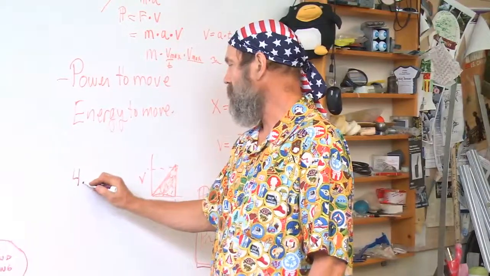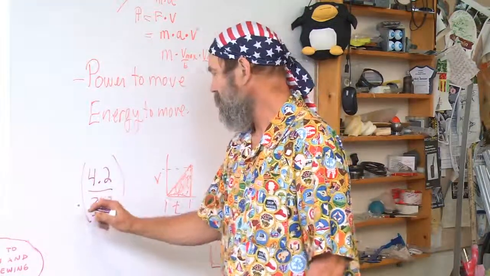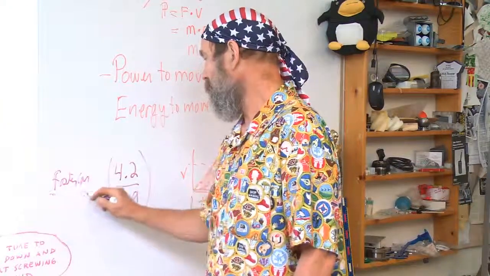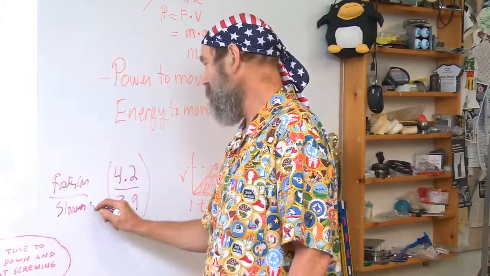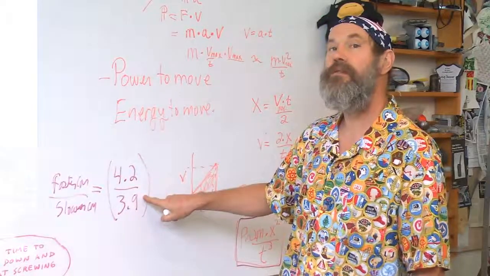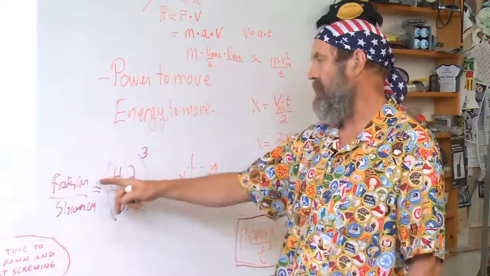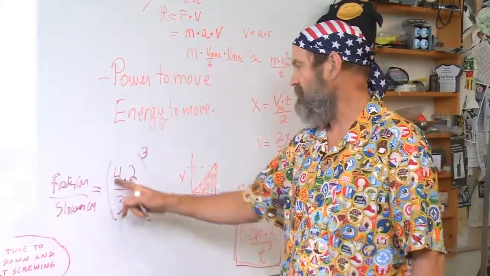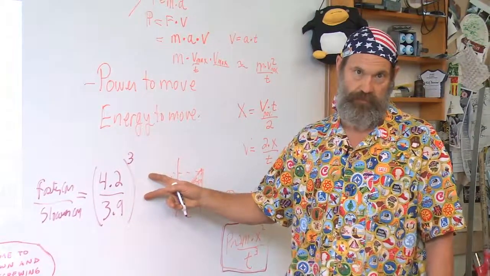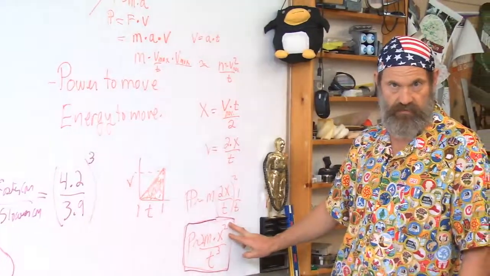If a car can go 4.2 seconds versus 3.9 seconds, the faster car over the slower car, the ratio of the power of the two will go something like this, cubed. So you all work that out. How much more power, just sheer raw power, does the faster car have than the slower car? It's actually a very substantial number. And the distance squared is also important.